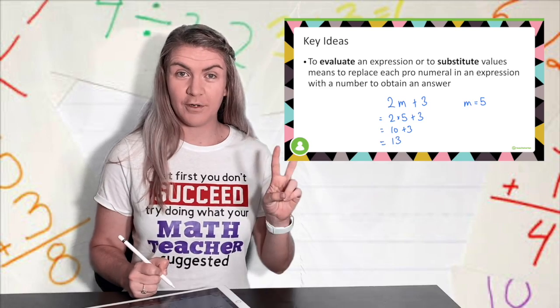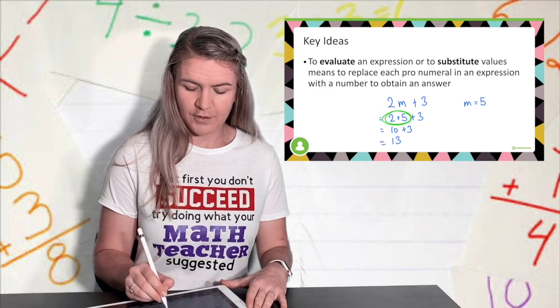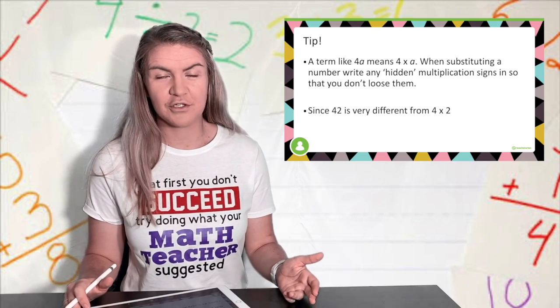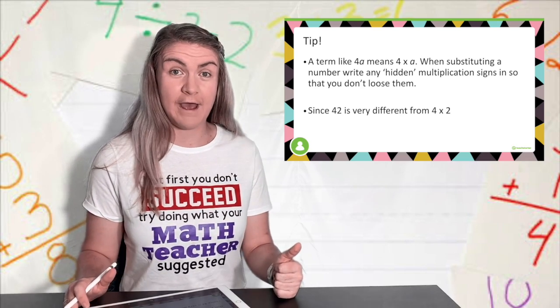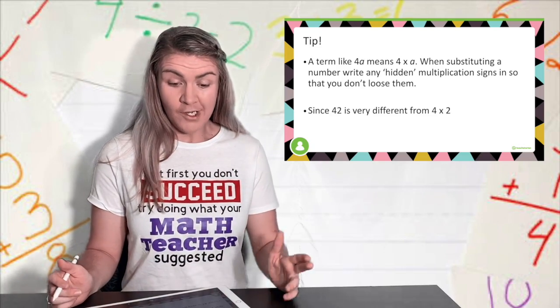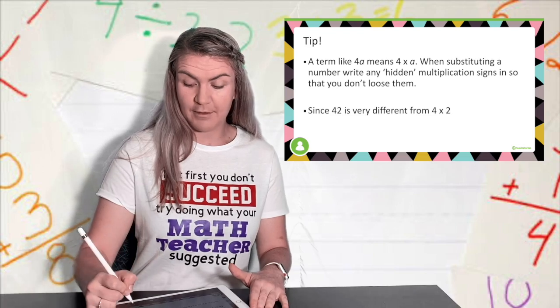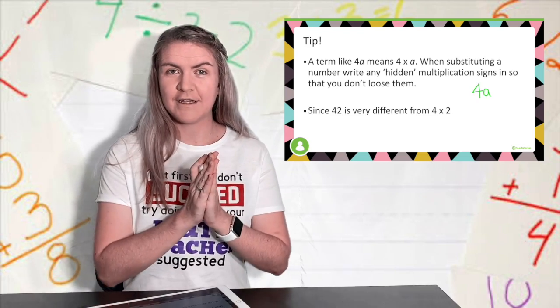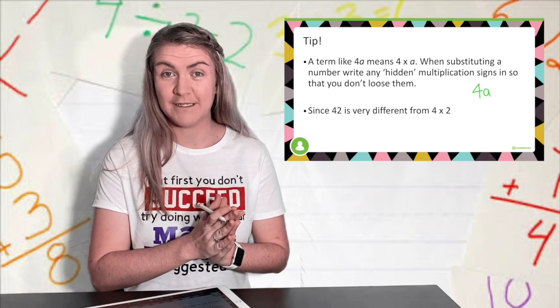But key point number 2 is what you'll notice right here. When we are doing substitution, we need to remember our invisible math and not lose any of those multiplication signs. Because let's say in this example, I've got 4a. Now remember, a number and a letter sitting right next to each other means they're being multiplied together.